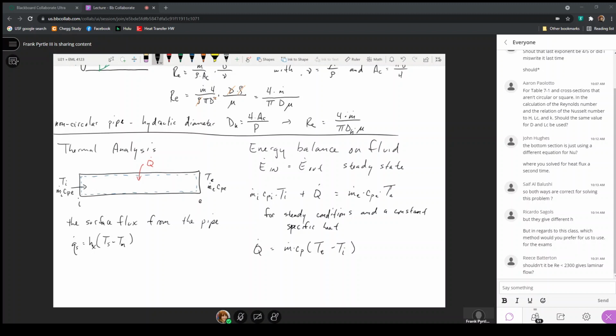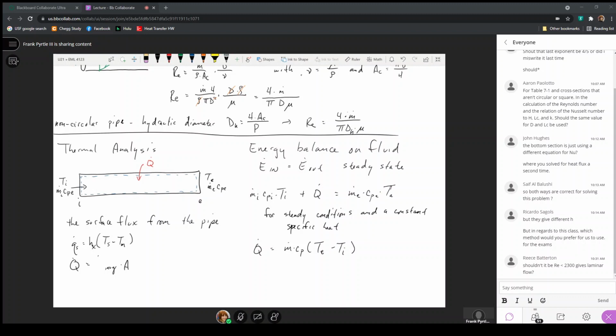But here, this expression for this heat flux describes how heat gets into the fluid by convection. And this expression is just for the overall energy that's transferred into the fluid, such that it's going to affect the temperature of the fluid. If I don't have a heat flux by convection, then this heat transfer rate becomes zero, because Q dot would just be equal to the average heat flux from the surface times the inside surface area of the pipe.